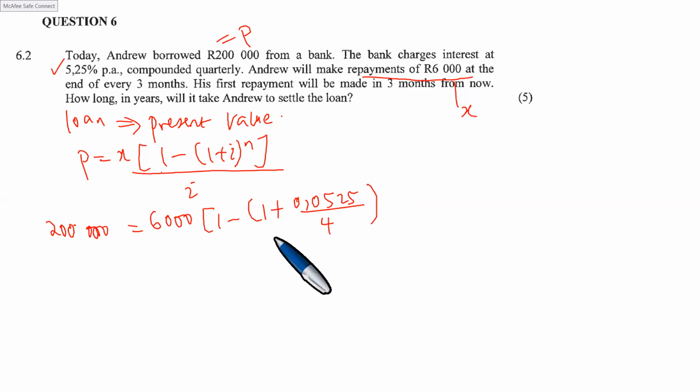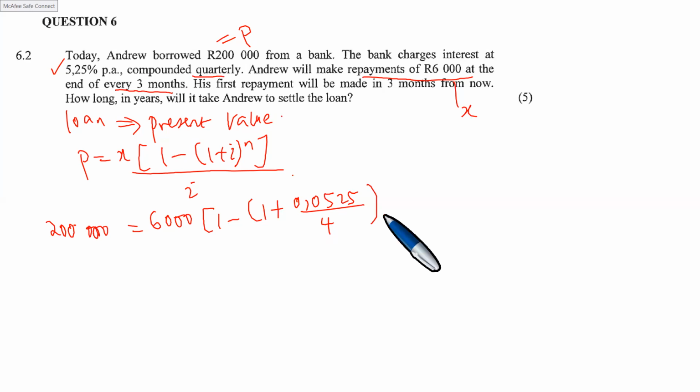You consider the period, right? So Andrew will make repayments of this at the end of every 3 months because it's quarterly. It means every 3 months. His first repayment will be made in 3 months from now. How long in years will it take Andrew to settle the loan? Okay, right. So we have these.